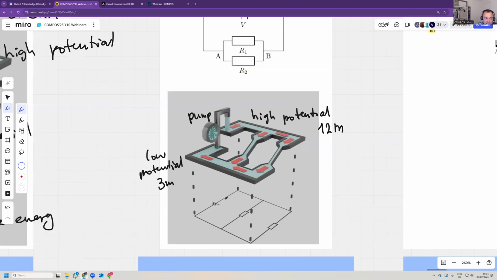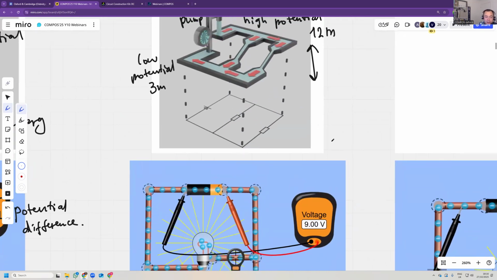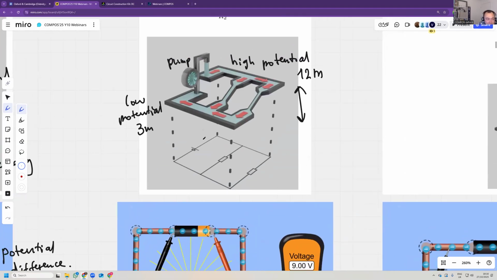It doesn't matter what it exactly is. The potential difference is 9 meters in this case. And in the case of the battery, it is the voltage. The voltage is 9 volts. So you can say that the electrons here have 12 volts of potential. And as they go through the resistor, they drop potential, they lose energy, and it goes to 3 volts.